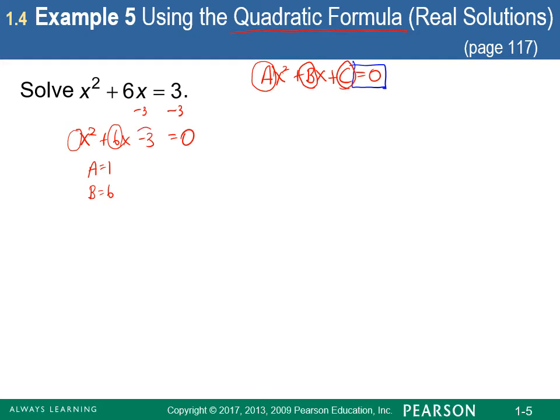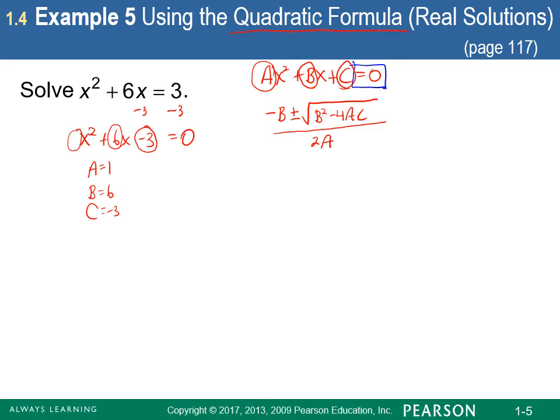Now use the sign with the number. The quadratic formula goes like this. We've got negative b plus or minus the square root of b squared minus 4ac, all over 2a.